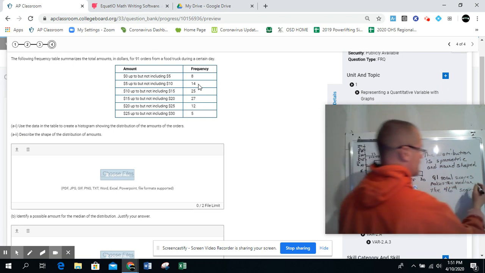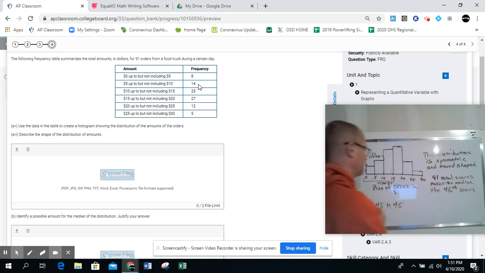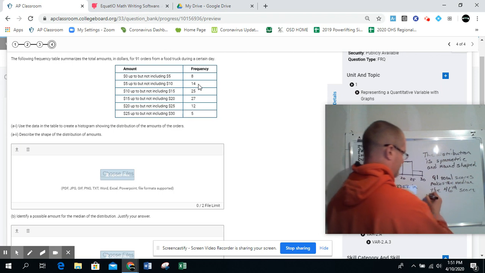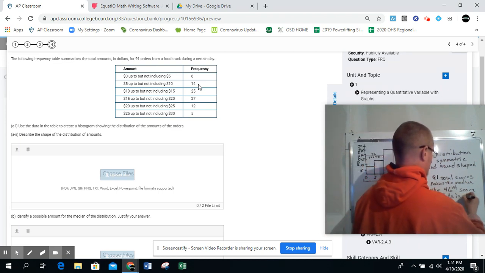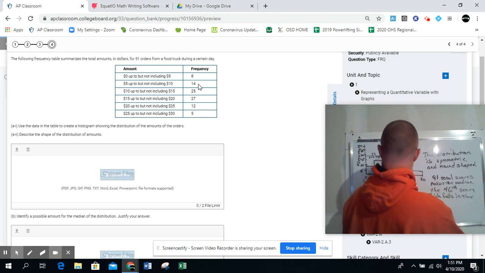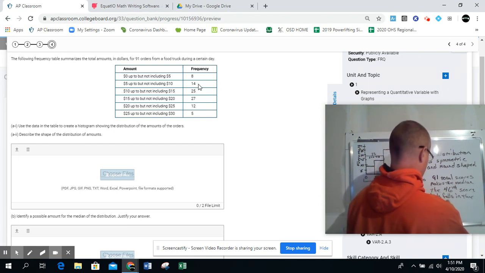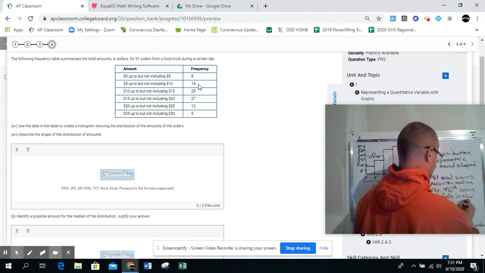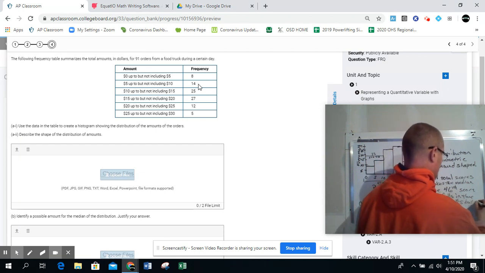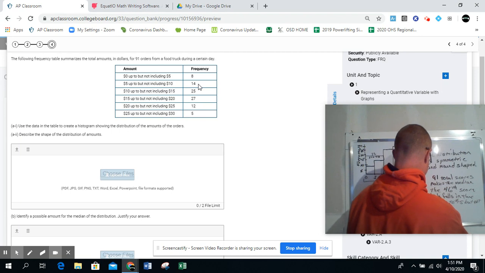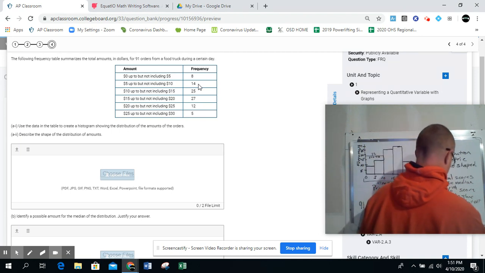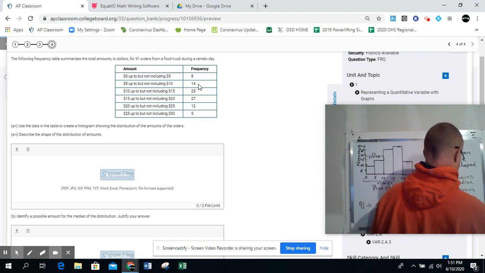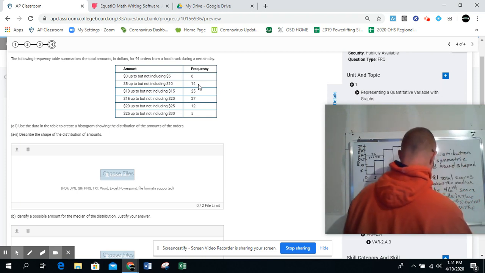So it's the 46th score, which falls in the $10 and up to $15, but not including $15.